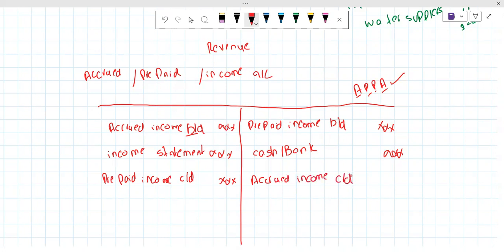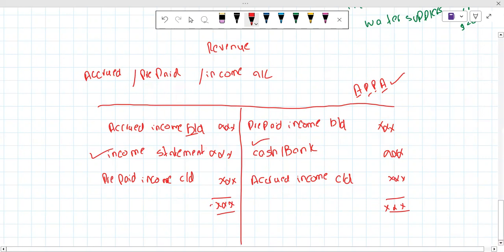After that we will total that. So what is happening to the income statement and cash at bank?